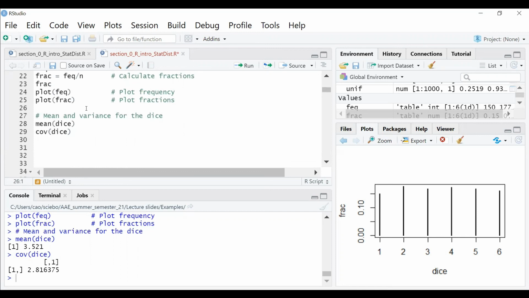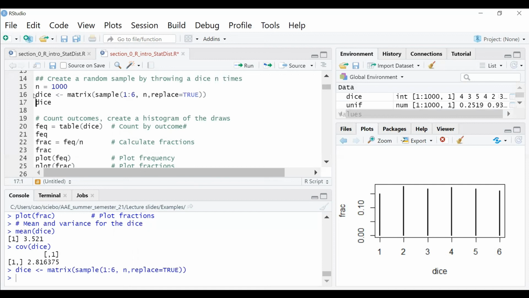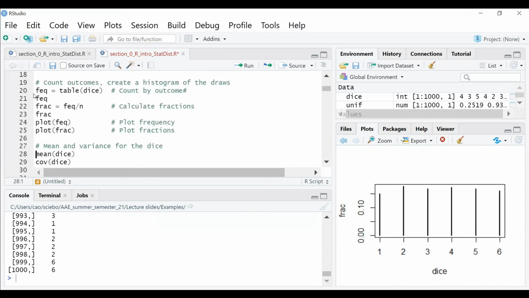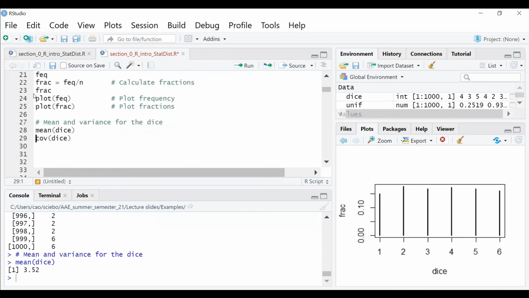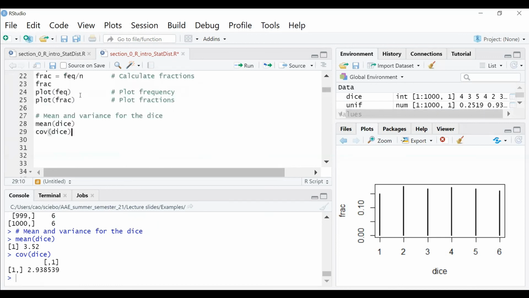Okay, to see how different it is, let's repeat the experiment again for another sample. Now it will be different, and then we calculate the mean, 3.52, and the variance, using the same command as covariance, which we will learn next section, but for now that's the variance. So 2.93 is already closer to the theoretical one.